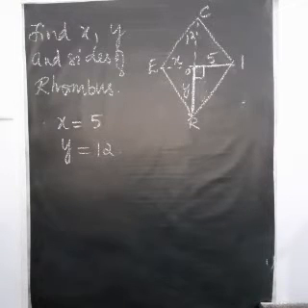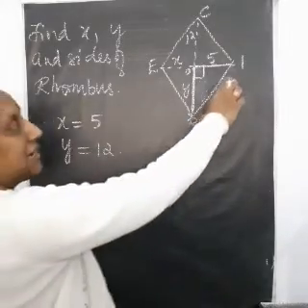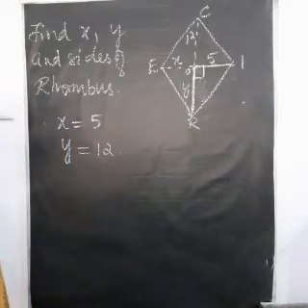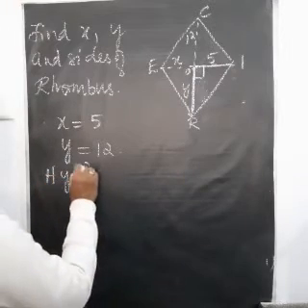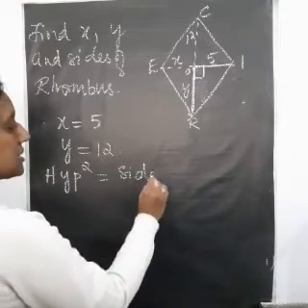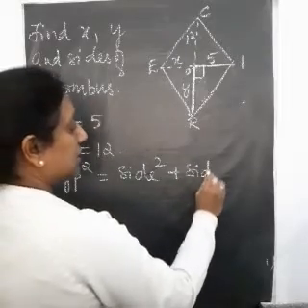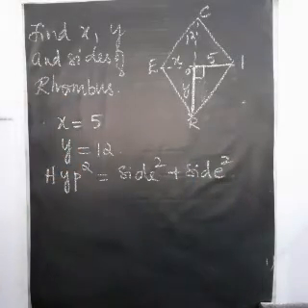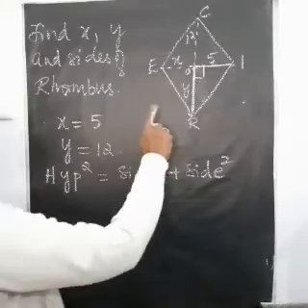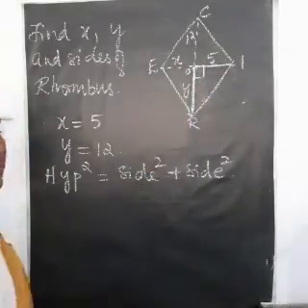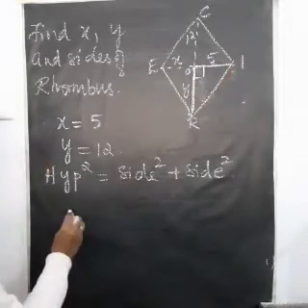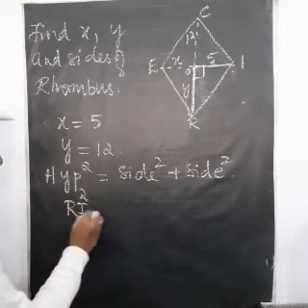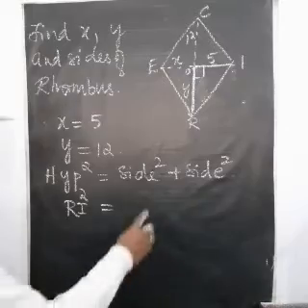So using the Pythagorean theorem, can I find RI? The Pythagorean theorem is hypotenuse squared is equal to side squared plus side squared. Hypotenuse is the side opposite the 90 degrees, which is RI.